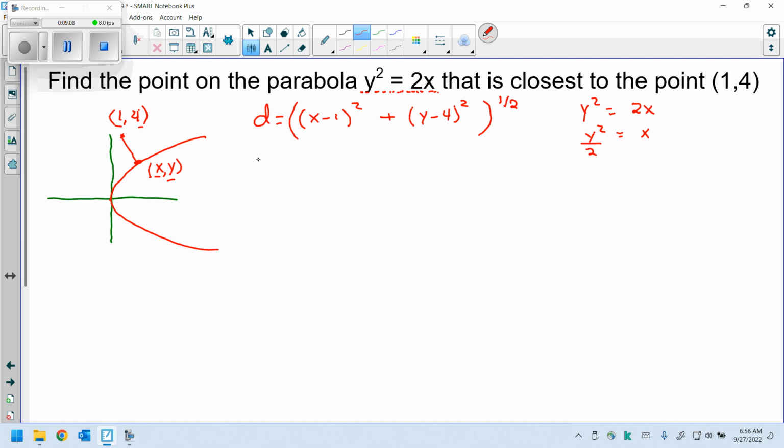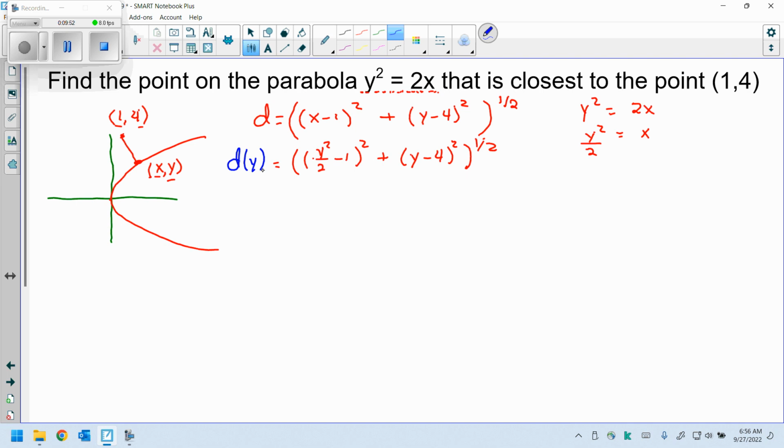So I'm going to write my distance formula as (y squared over 2 minus 1) squared plus (y minus 4) squared, all to the 1/2 power. This is the distance using the variable y. So I've got my drawing, I've got my equation, I've reduced my variables.